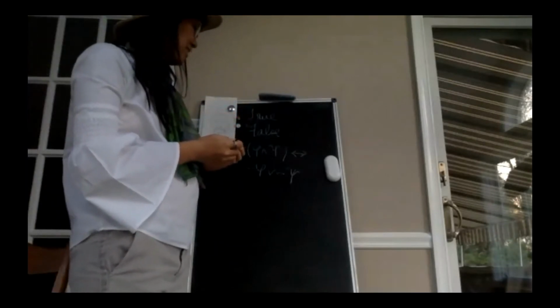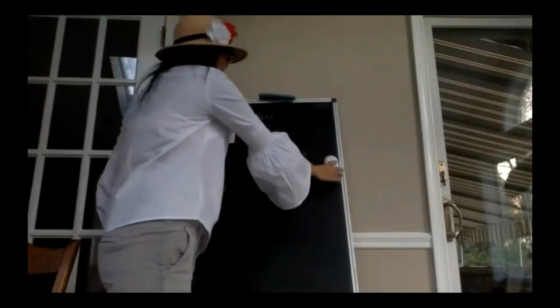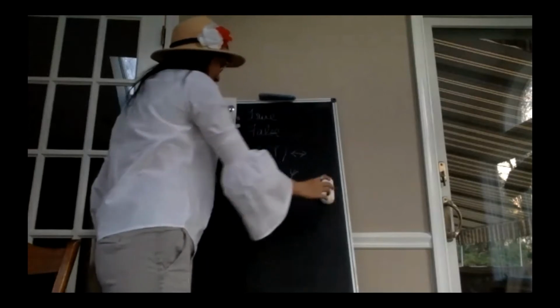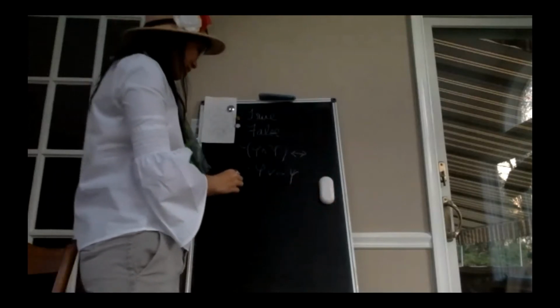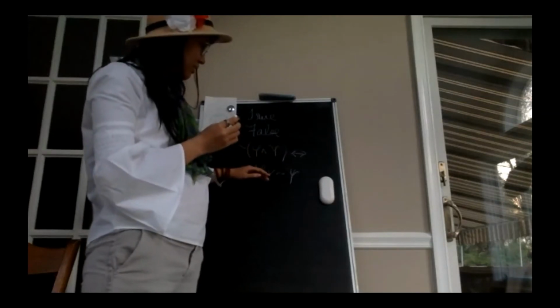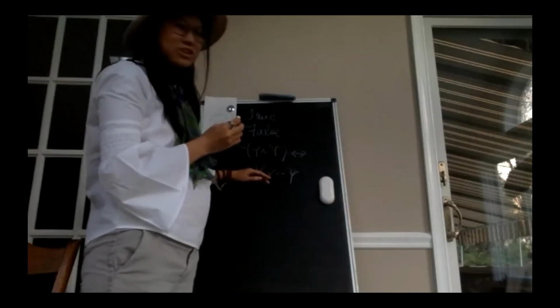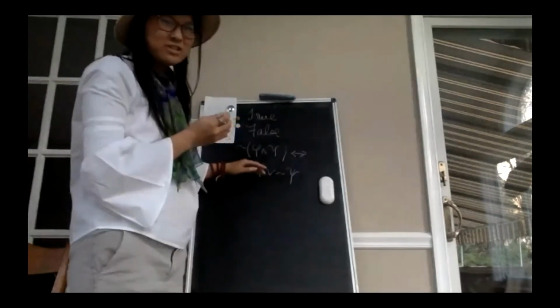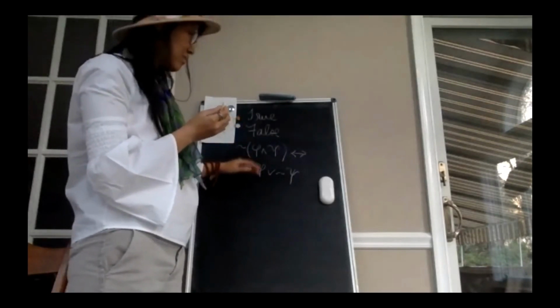A proof, in this system that we're working in, is a conclusion that may or may not come with some assumptions, some premises.